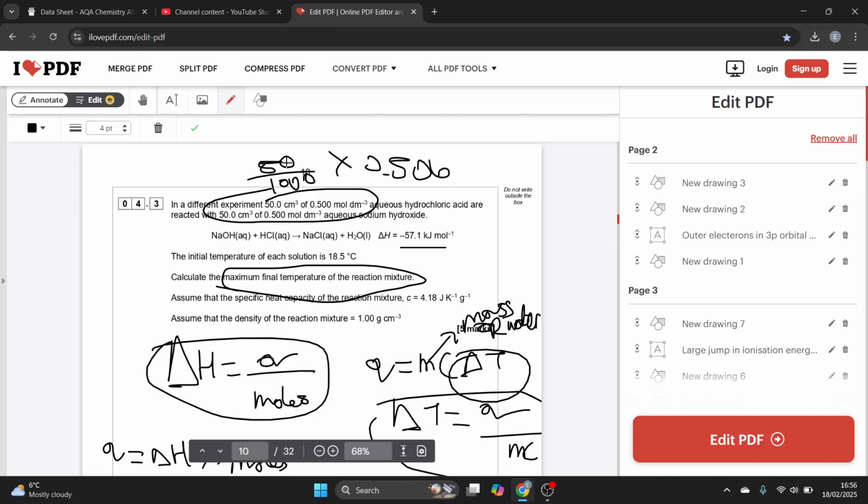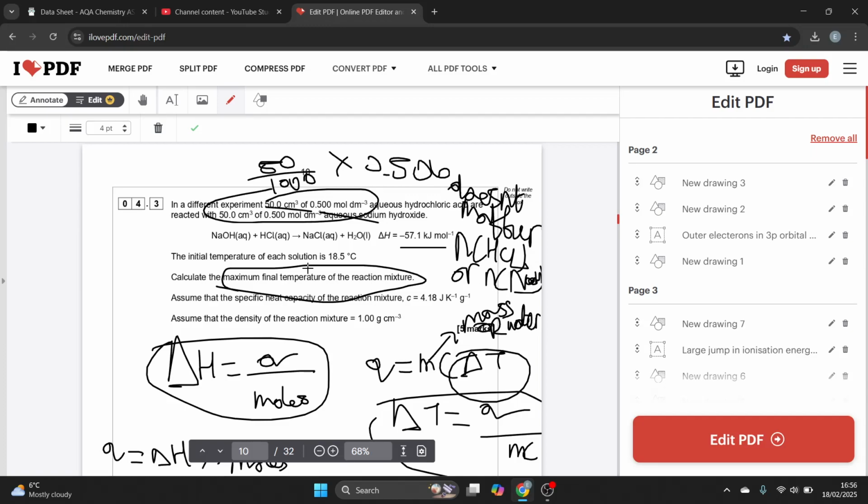And it doesn't matter whether you do number of moles of HCl or number of moles of sodium hydroxide. Why?